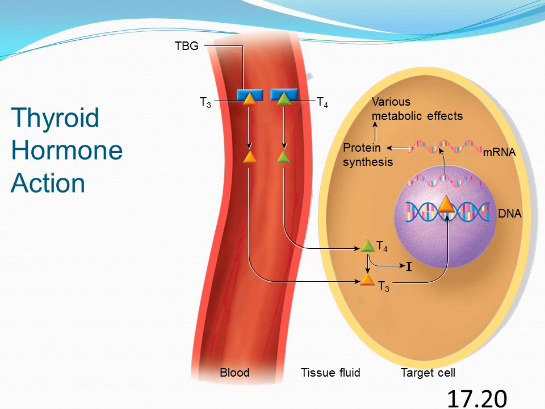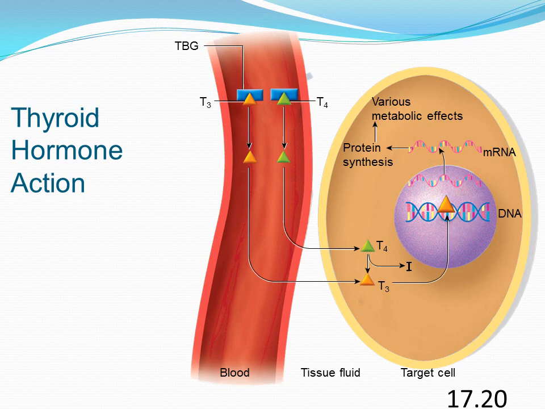Okay, so now we have the T4 and the T3, if one of the iodine has been removed, released from the follicles, goes into the blood, transported on a binding protein. And then when the thyroid hormones reach the cell that they are going to be active in, the T4 has to be turned into T3 in order for it to be able to be activated.